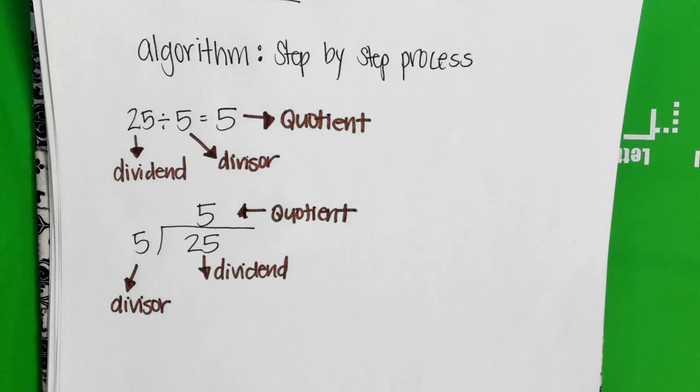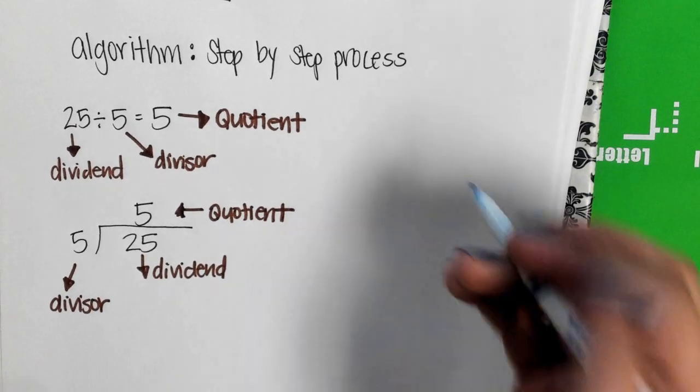Alright, so let's go back and talk about that algorithm. The one that is specifically for division. Have you ever heard of this? I'm going to slide this over just a little bit.